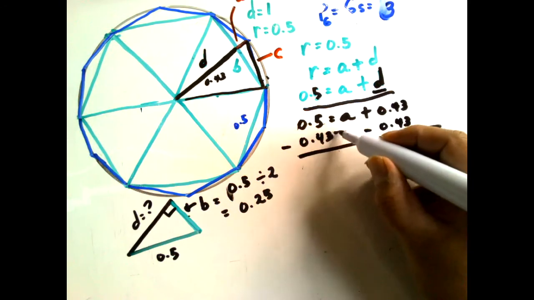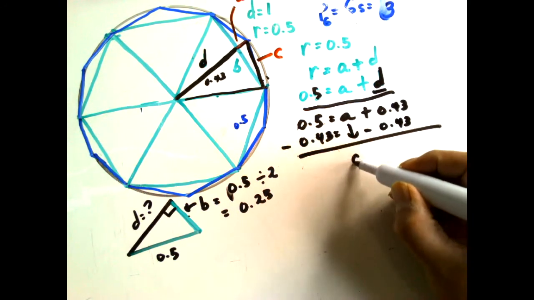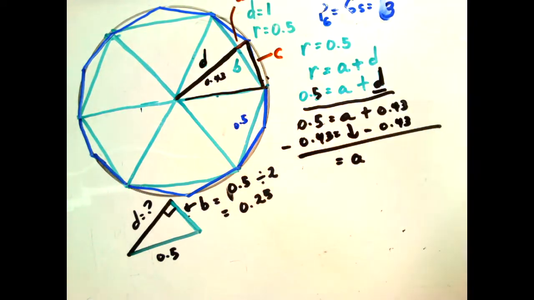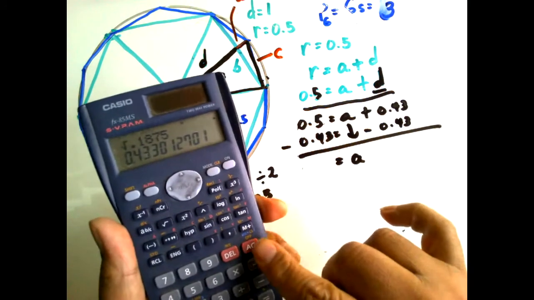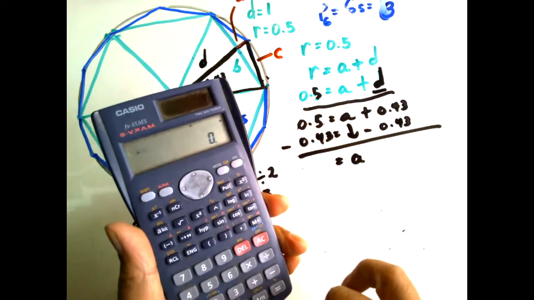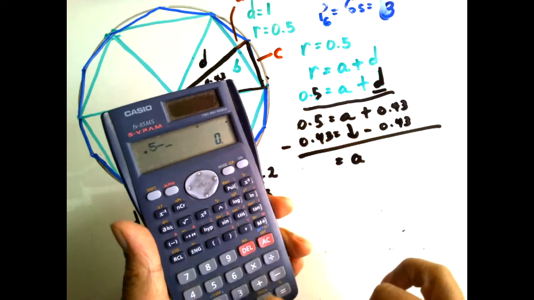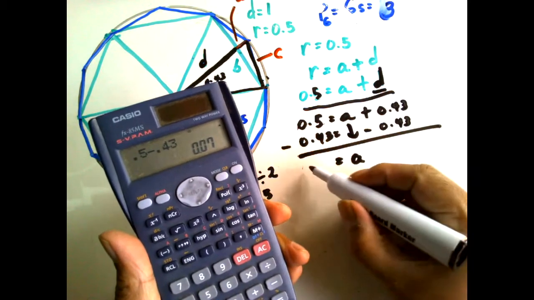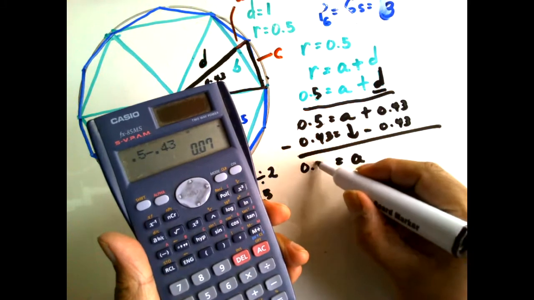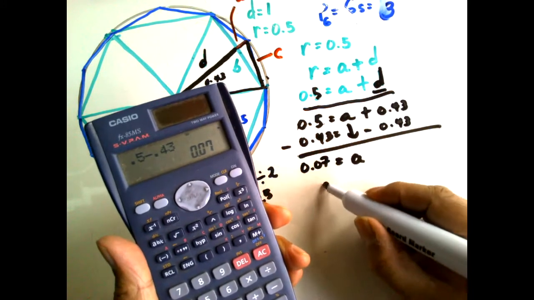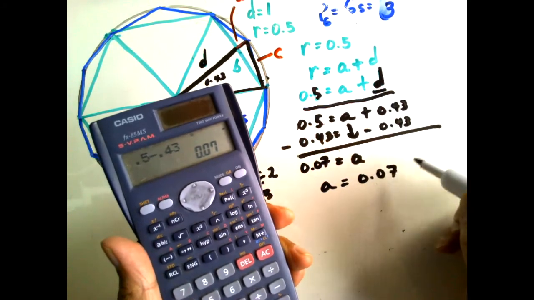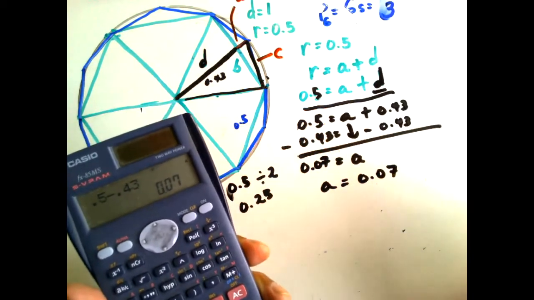And of course, bring that down, which is A. This one is 0. So 0.5 less 0.43, your answer should be 0.07. So A is 0.07. So now you have a value of A there.